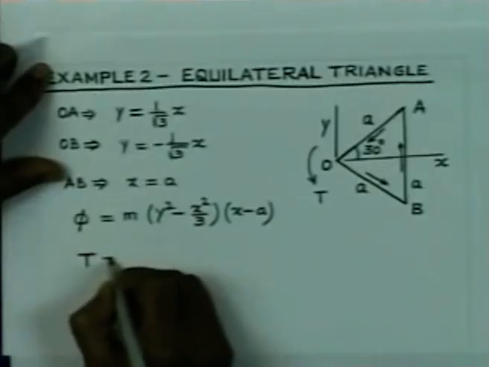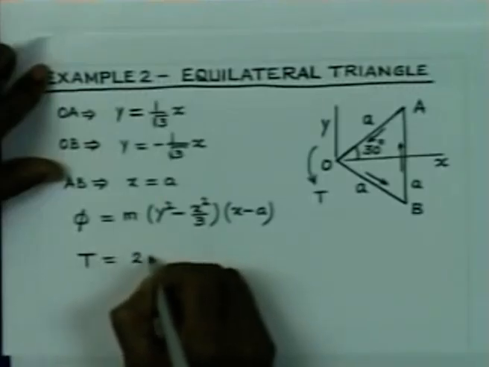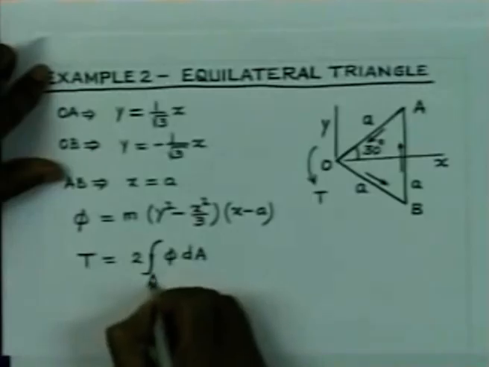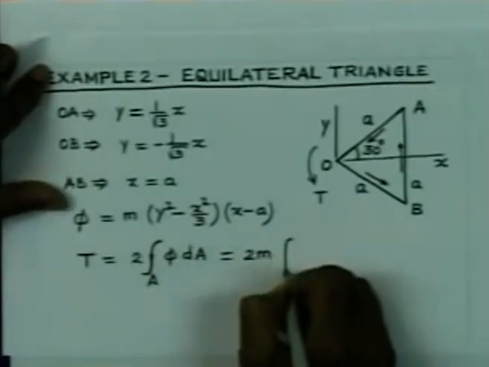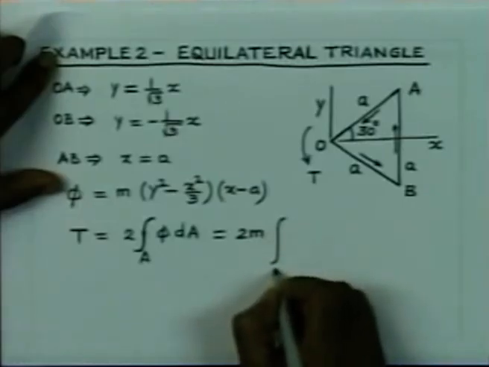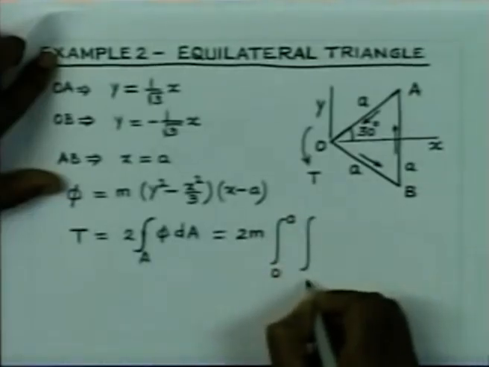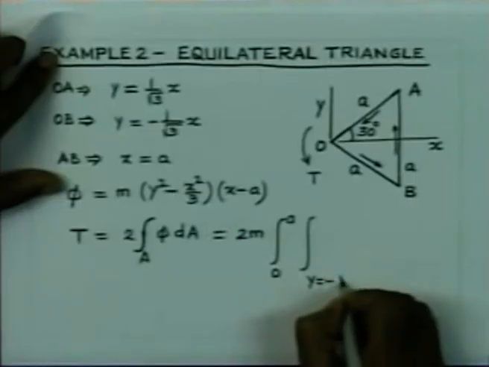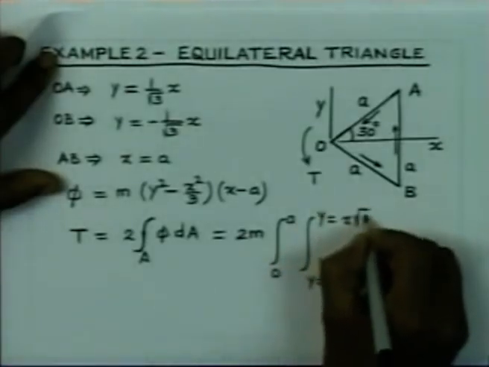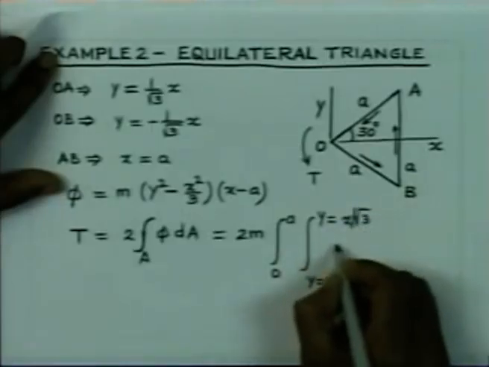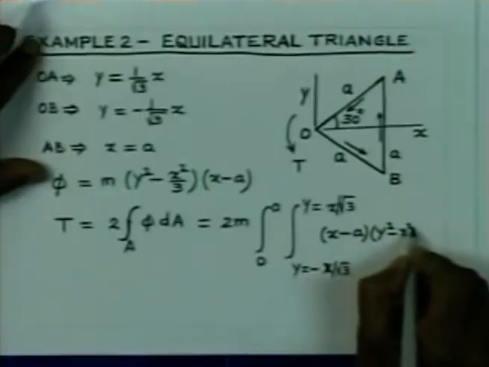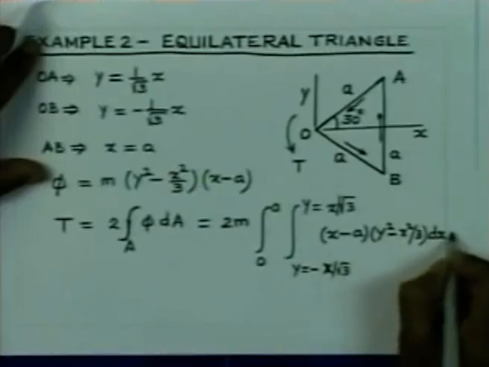Now, if we relate the torque to the phi function, we have T equal to 2 integral of phi dA over the whole area, and therefore, this is 2m integration of the quantity, x from zero to A, and we can have now y from minus x by root 3 to x by root 3, of y square minus x square by 3 into x minus A, dx dy.